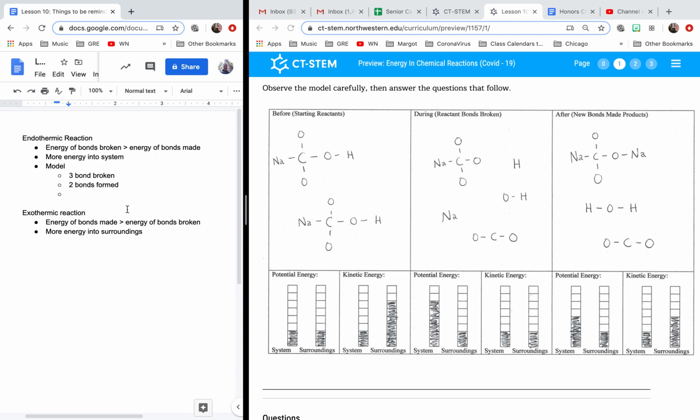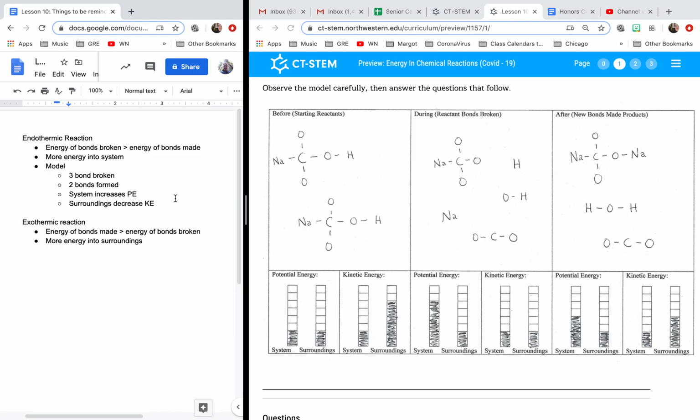So overall, the system increases in potential energy, and the surroundings decrease in kinetic energy.